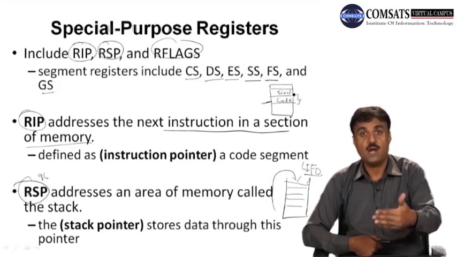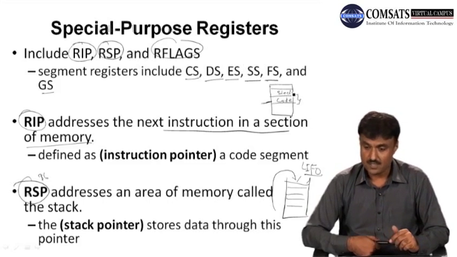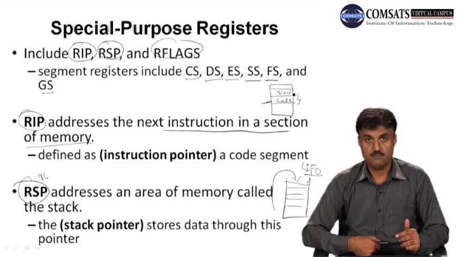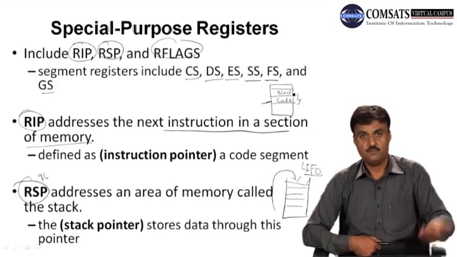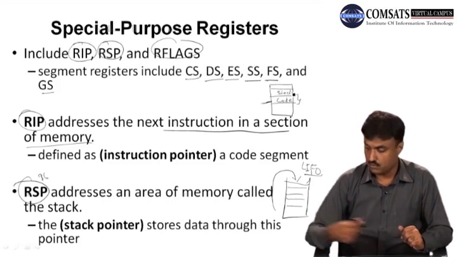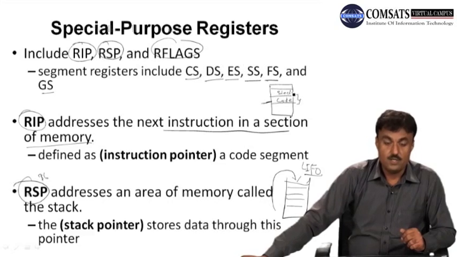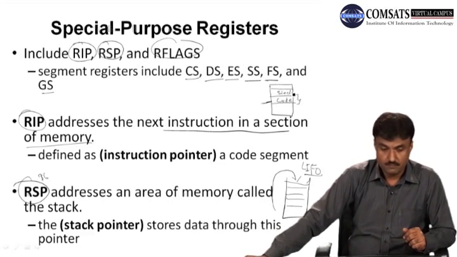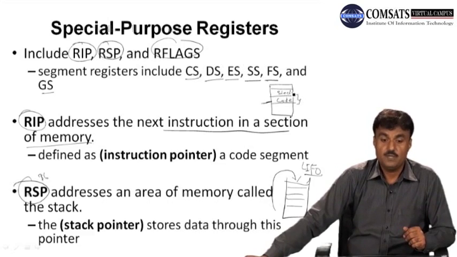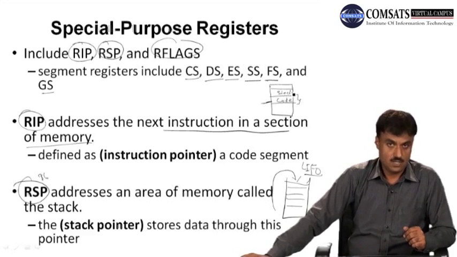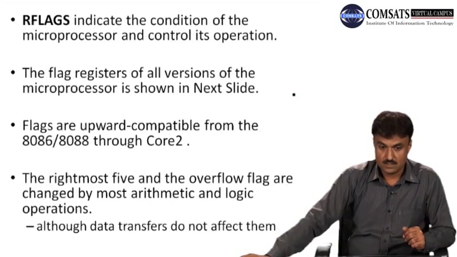Similarly, if we perform a pop operation, it will decrement and we will read data. So the instruction pointer and stack pointer are the two registers used to address the next instruction and the pointer inside the stack where we can store data.